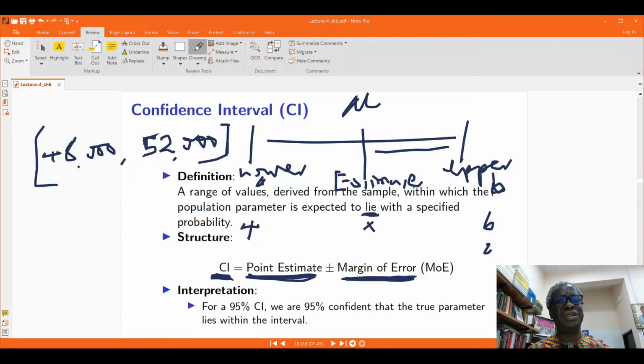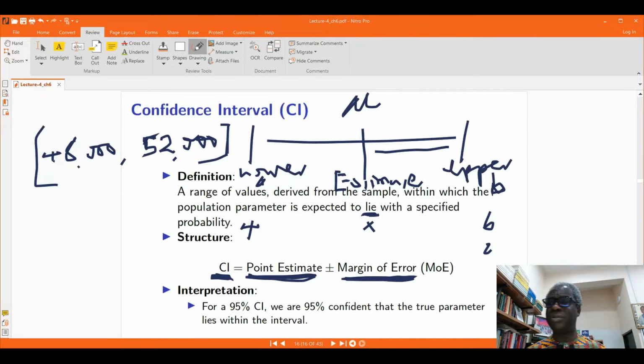So the two values represent the range of values in which we expect the average income of the population to lie.